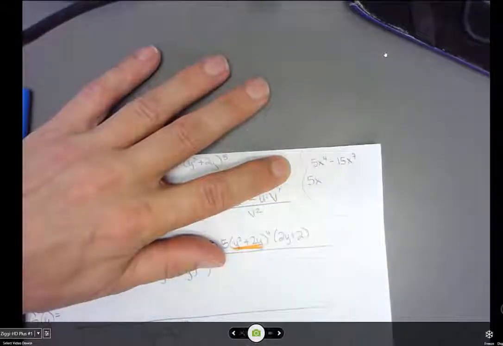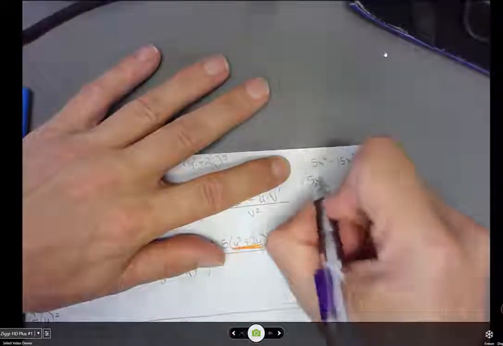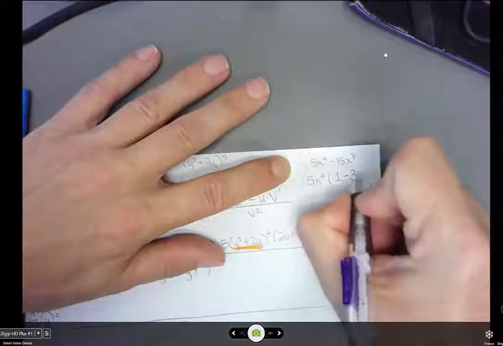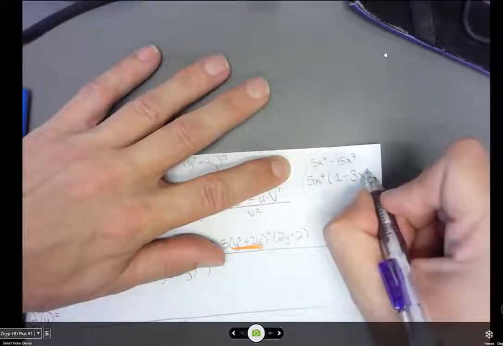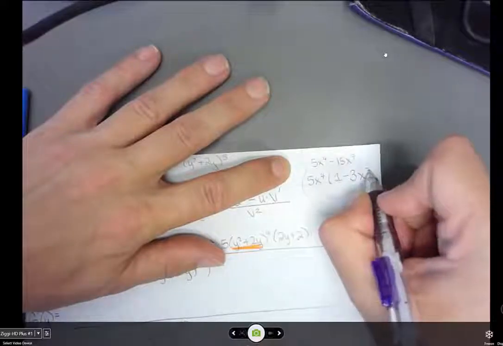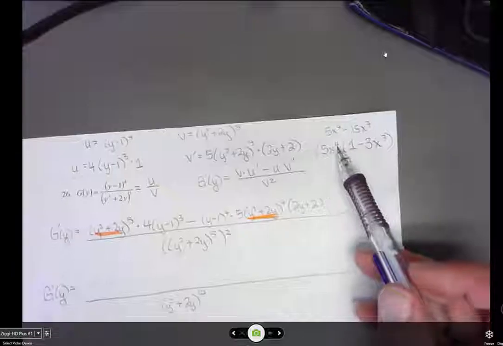So you factor out 5x to the 4th, right? And you'd be left with 1 minus 3x, and what power here? Well, if you're taking away 4 of them, then that means 3 are left. Right? So you factor out the smaller power. Between 4 and 7, you factor out the smaller.